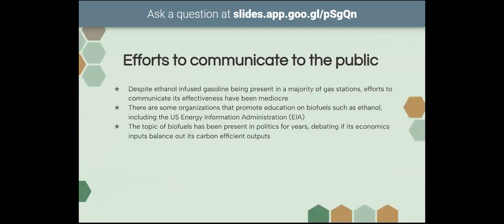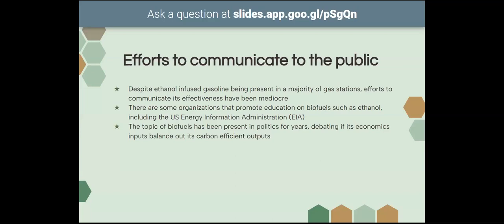So, efforts to communicate ethanol to the public. Despite it being present in a majority of gas stations, the efforts to communicate this to the public have not been super great. They've been pretty mediocre. There are certain organizations that do help to promote knowledge of this, such as the EIA, the Energy Information Administration, and there have been certain projects to promote healthier fuel alternatives like ethanol.